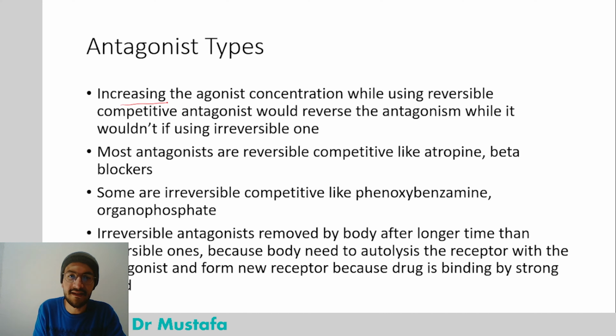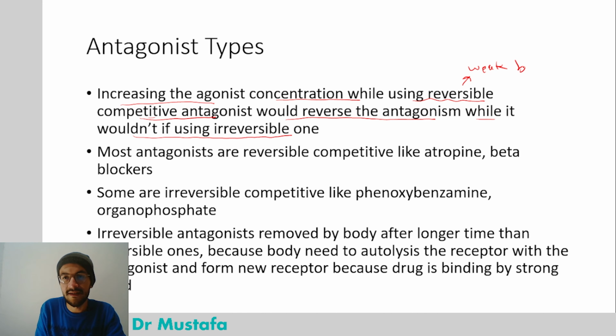So increasing the agonist concentration while using the reversible competitive antagonist would reverse the antagonism, while it wouldn't if using an irreversible one. In the case of the reversible competitive antagonist, it is binding by a weak bond on the receptor site.